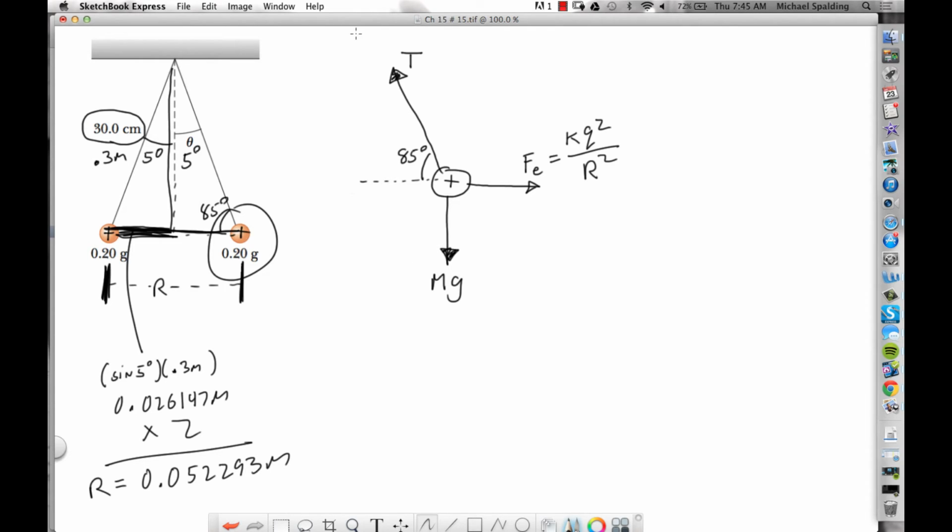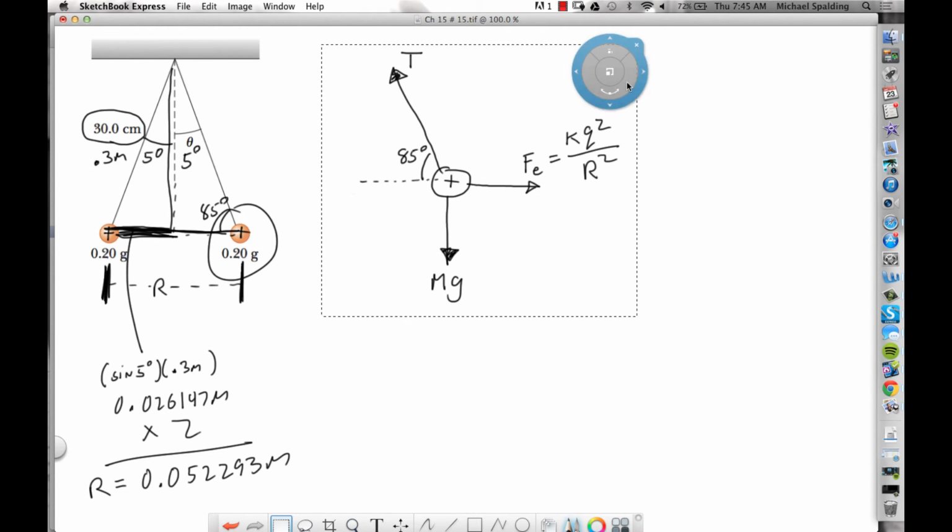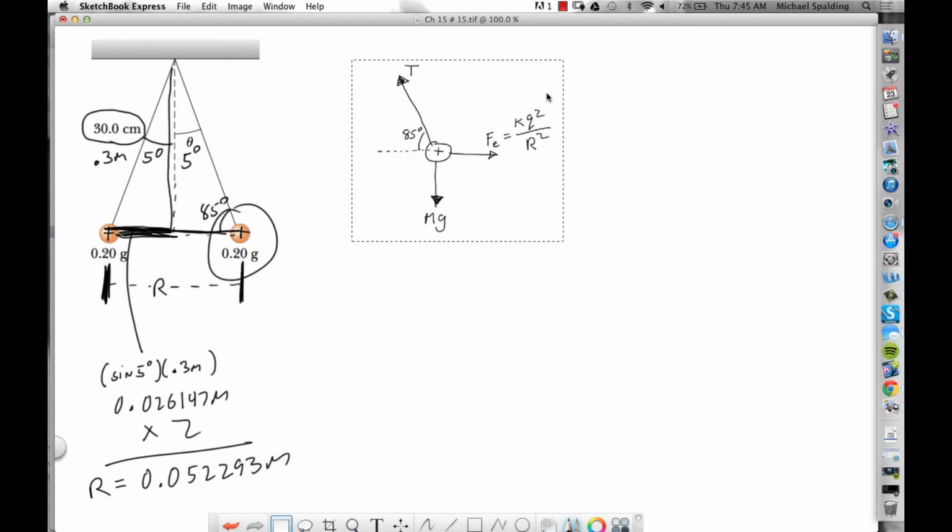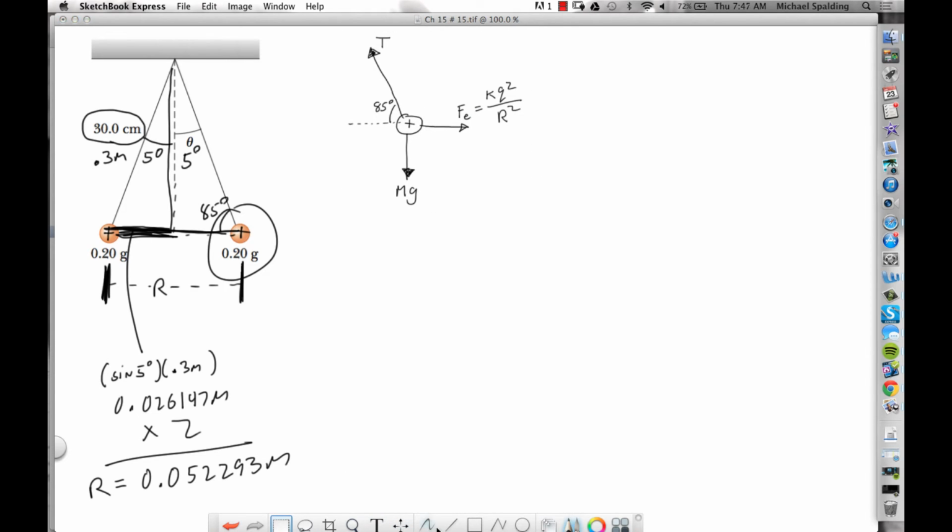So now what do we do? Here's our free body diagram. What do we do after the free body diagram? Sum the forces. Let's shrink this down and make more room. Here's what your summing of the forces should look like. In the x direction, we have k q squared over r squared, that's the electrostatic force, minus cosine 85 T. Those are the two x forces.